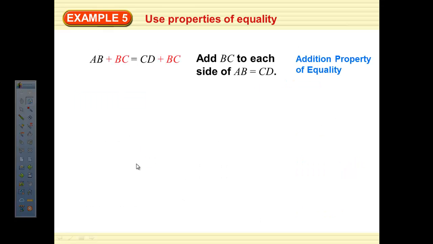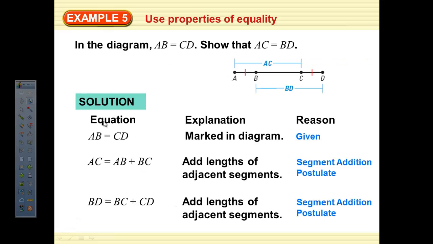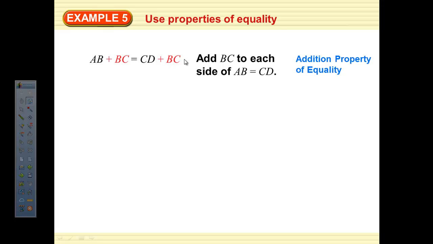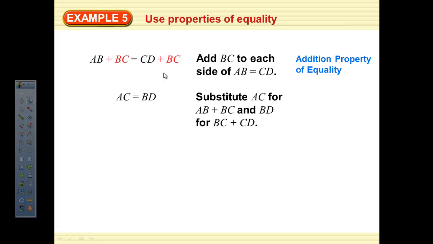Our next step. We know, if I go back one, since I know AB and CD are equal, I can add BC on both sides. And we're going to get this. That's the addition property of equality. We know that AB plus BC is equal to AC, and we know CD plus BC is equal to BD.